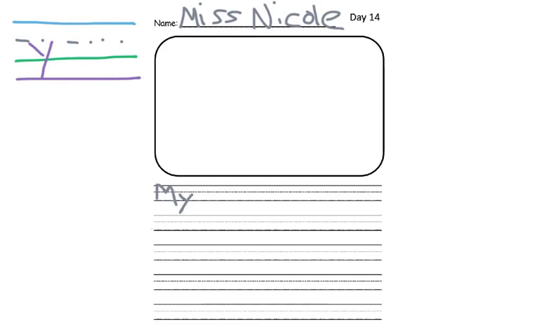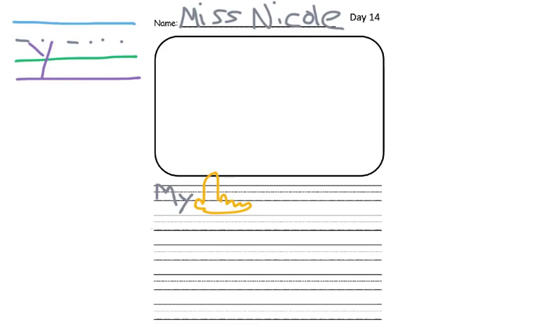Okay, so my, and now I'm going to leave a finger space, so I'm going to pretend that this is my finger. Here's my hand. Finger space. Favorite. Favorite. That's a long word.